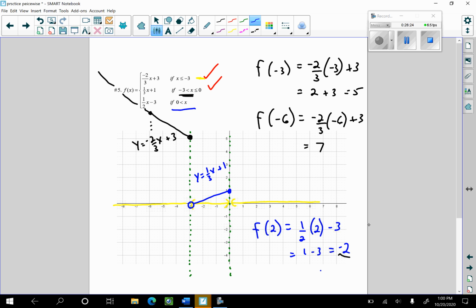So this is the point, 2, negative 2 right here. Uh-oh. So the point is going to be 2, negative 2. And now I can do what the slope says, which says go up 1, over 2, and back down 1, back 2. And that's this piece right here.